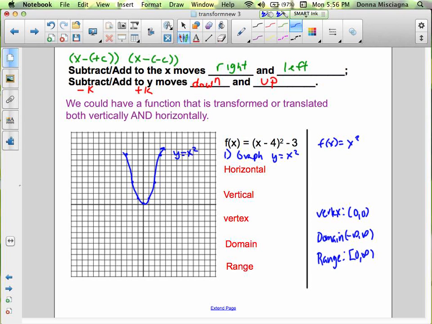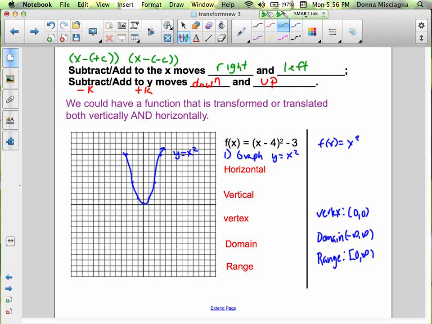Now let's go through our translations. So let's do the horizontal first. We see x minus a value. And we know when we see x minus, we're really adding in a positive value. So we have a horizontal translation, and that horizontal translation is 4 to the right because we have x minus a value.